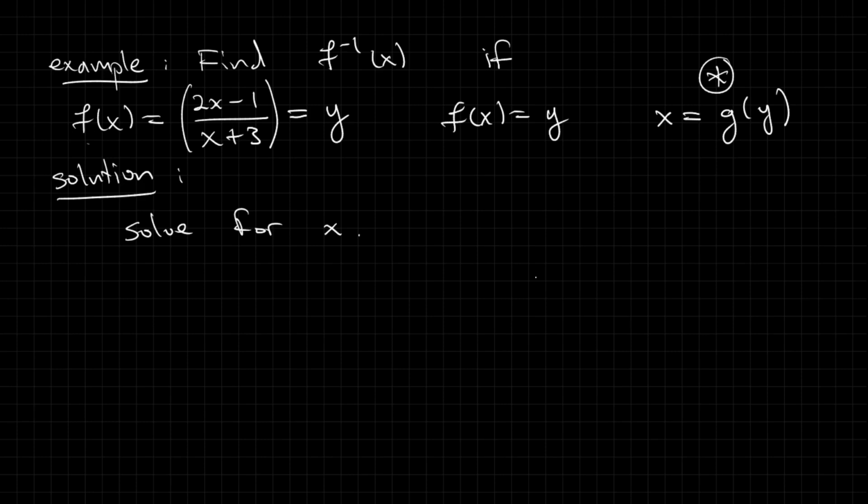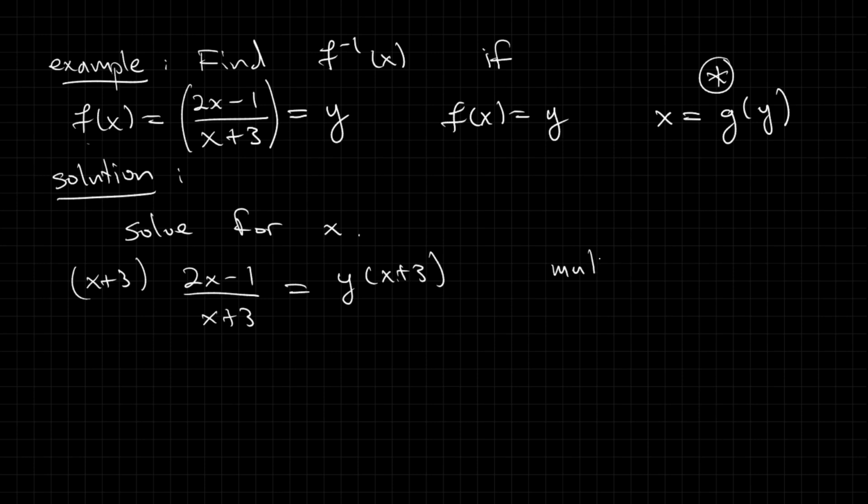The goal of these steps is to get everything with an x on one side and anything without an x on the other. So the first thing I'm going to do is multiply both sides by x plus 3. So I get x plus 3 times 2x minus 1 over x plus 3 equals y times x plus 3. What I'm doing here is multiplying by the denominator.